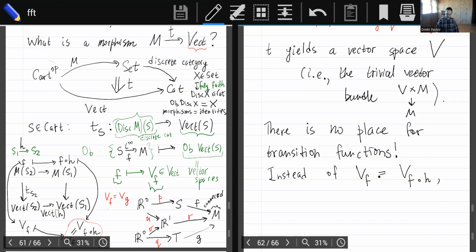And what we want instead of this equality is an isomorphism, which would be encoding the corresponding transition function for a vector bundle.